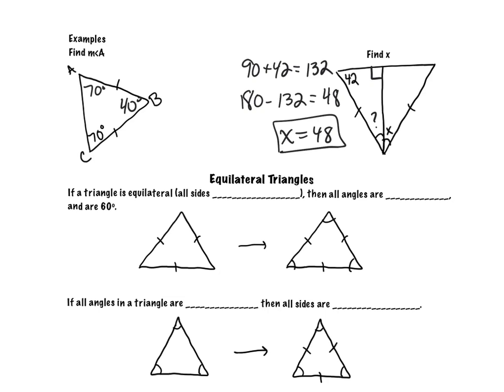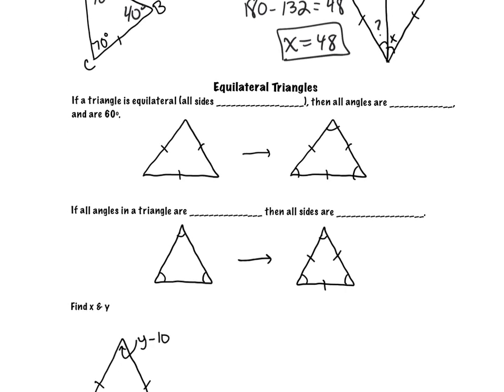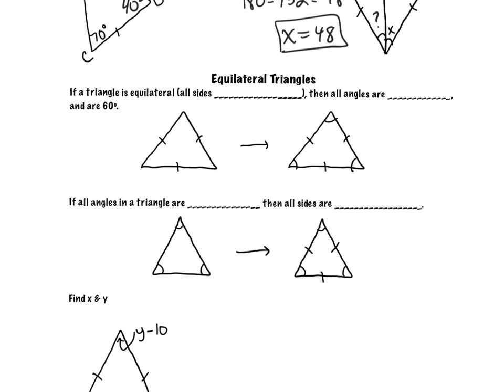Okay, so there are isosceles triangles, and equilateral, a couple things. All the sides in an equilateral triangle are congruent, and all the angles are congruent.